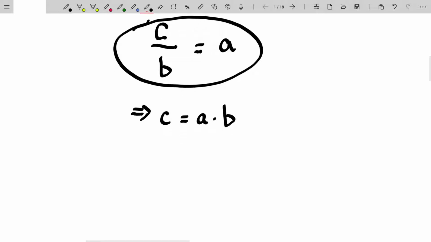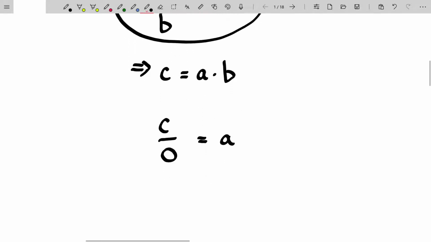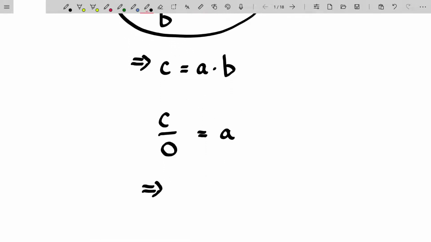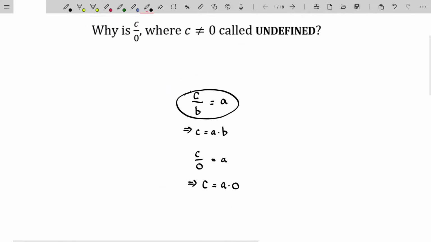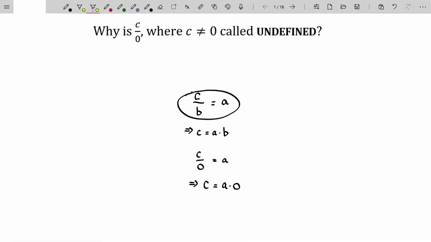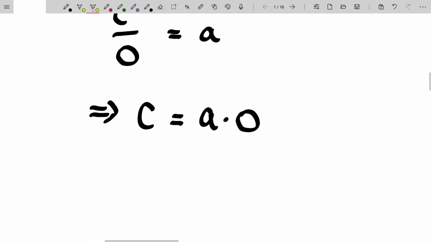Well, imagine that somebody comes in and says, okay, well then C over 0, I think that's some number A. Well, by definition of division, that would imply that C is equal to A times 0. But remember, we started with the statement that C itself is non-zero. So we have 0 times some number equaling a non-zero number.